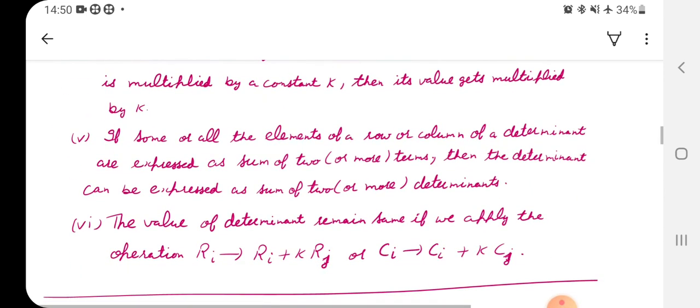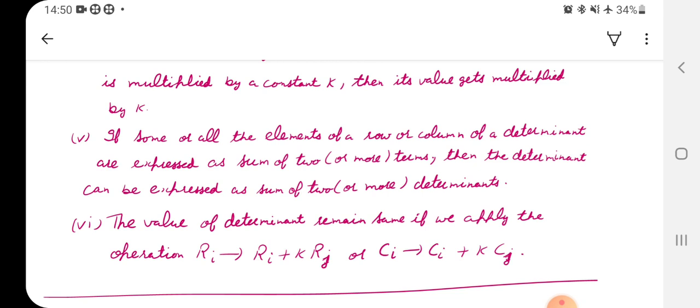Fifth property: if all the elements of a row or column of a determinant are expressed as the sum of two or more terms, then the determinant can be expressed as the sum of two or more determinants. That means we can break that determinant into two or more determinants, right?